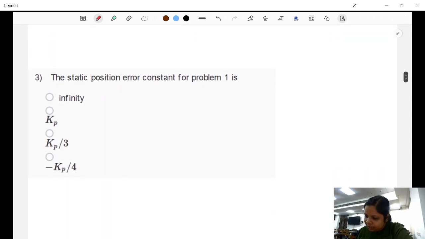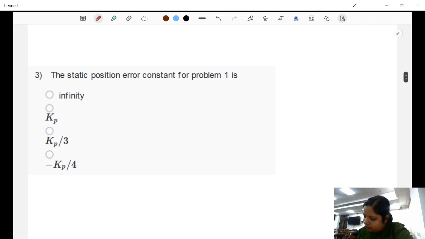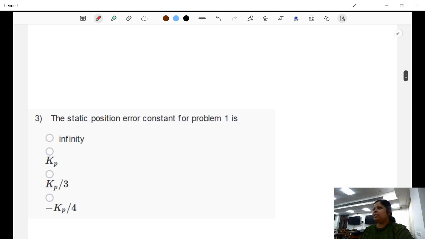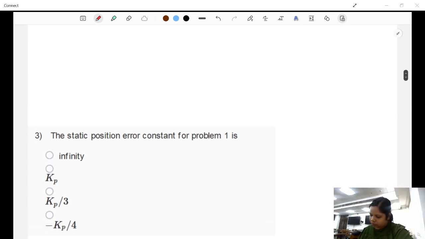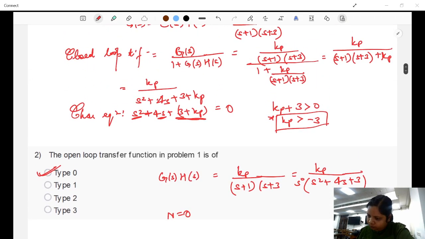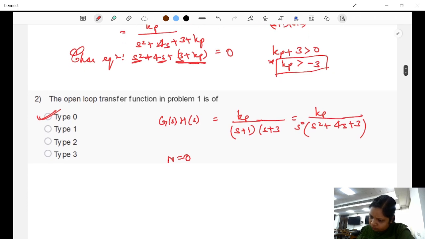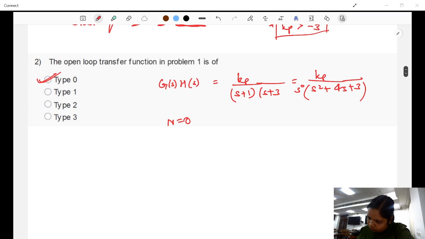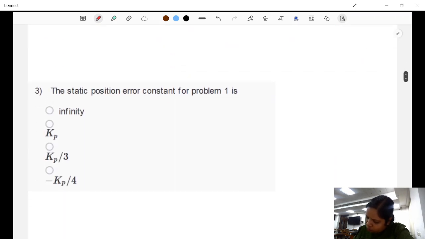The static position error for problem 1 is what? So it is asking you the static position error constant. How are we going to find it? What is the static position error constant? It is Kp, and it is limit s tends to 0 of G(s)H(s).